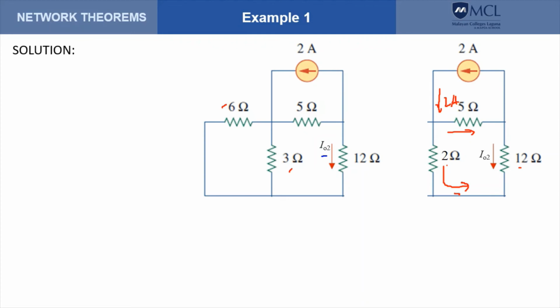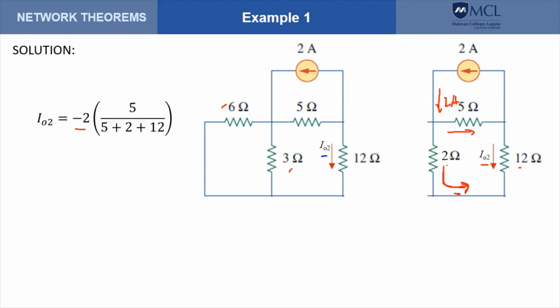But this current is opposite to the current that we want to solve. So to solve for I sub 0, 2, we can apply current division, but we need to put a negative sign because what we will get is really this, and I sub 0, 2 is in the opposite direction. So we put a negative sign.